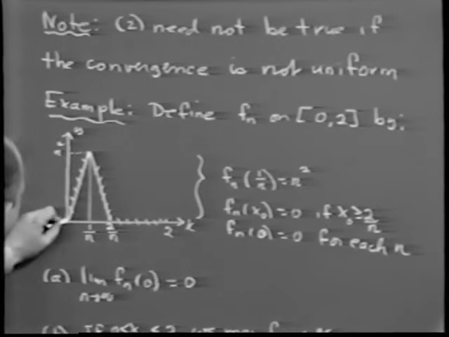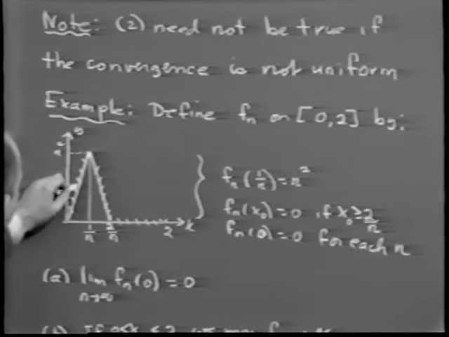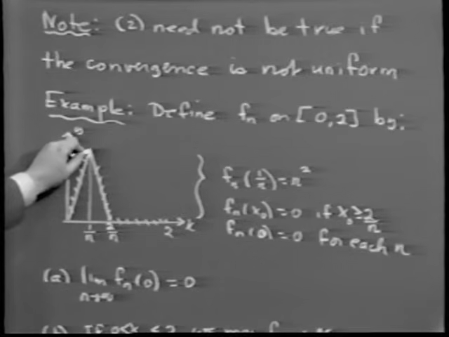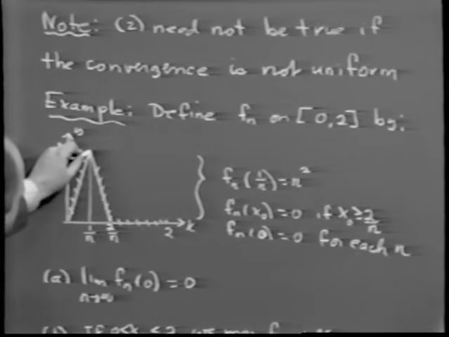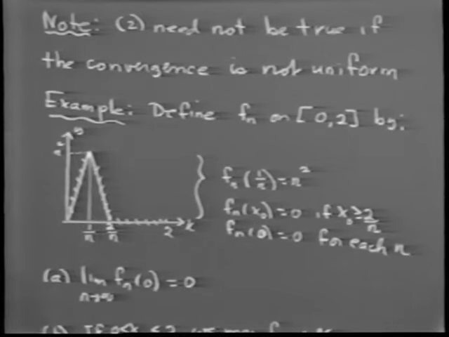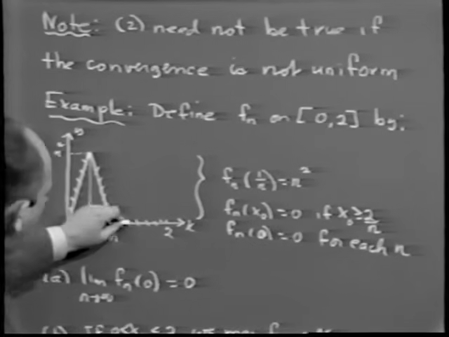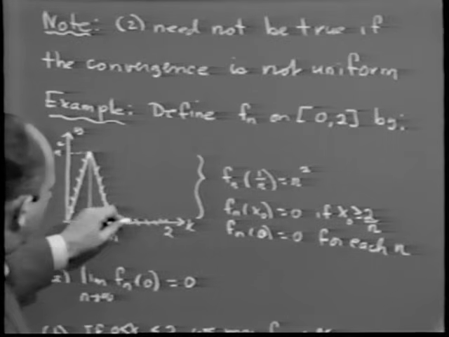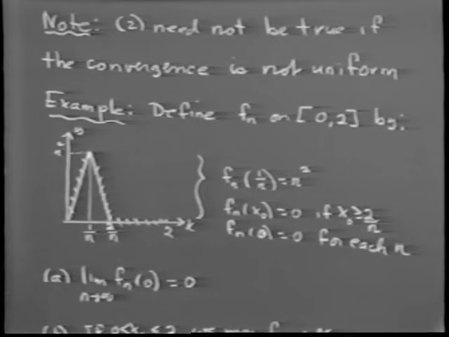And I draw the straight line that goes from the origin to this point, 1 over n, comma, n squared. Then I draw the straight line that comes right back to the x-intercept 2 over n, and then I finish off the curve by just letting it hug the x-axis till we get over to x equals 2.